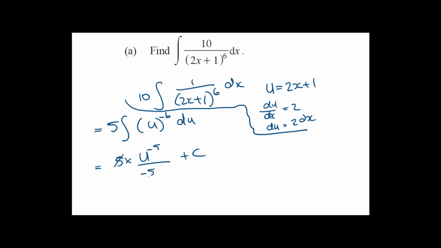So this 5 is going to go away, and we can move the negative, giving minus u to the minus 5, plus c. So our answer is going to be minus (2x plus 1) to the minus 5, plus c. And we could rewrite this as minus 1 over (2x plus 1) to the positive 5, plus c. We can do that question.